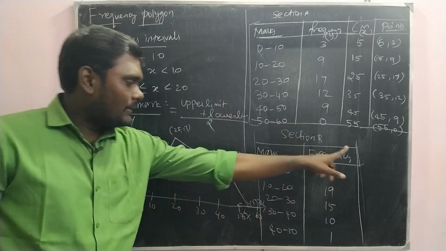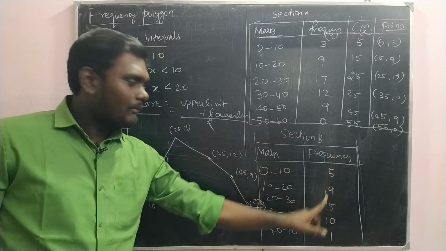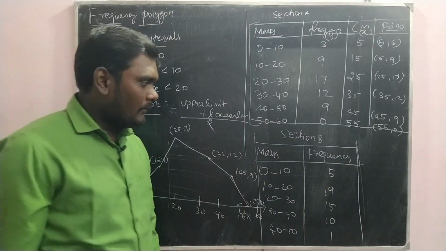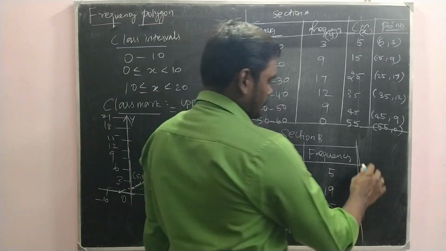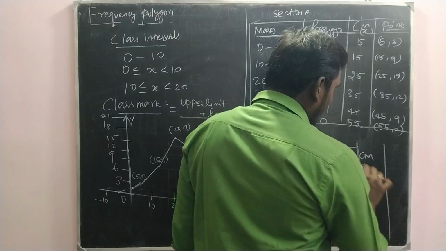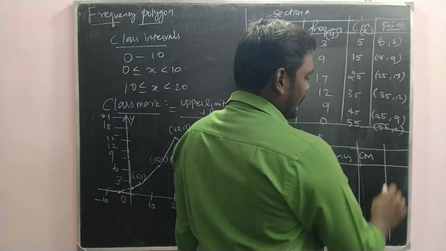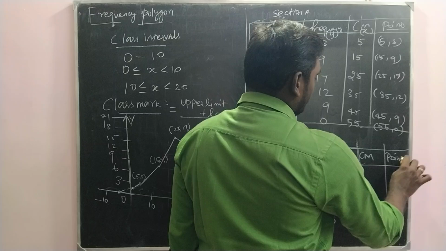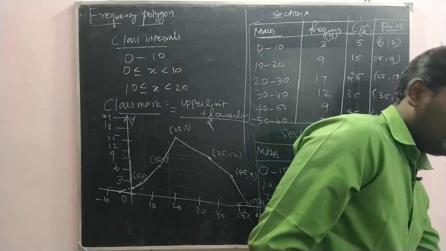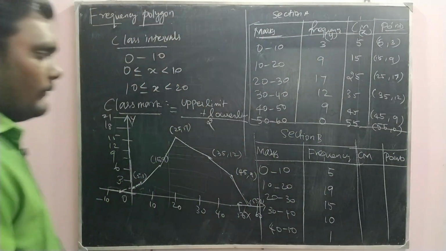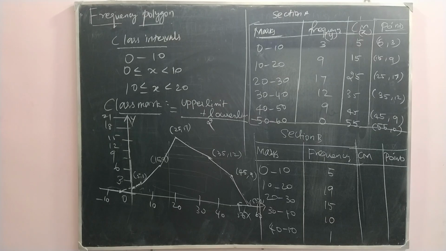Now look at this table. Can you guys calculate the points? First calculate class mark. Yes, within the same graph itself you can mark. This is class mark, this is points. Come on. How will you calculate? Each interval you have to calculate, or is there any trick?